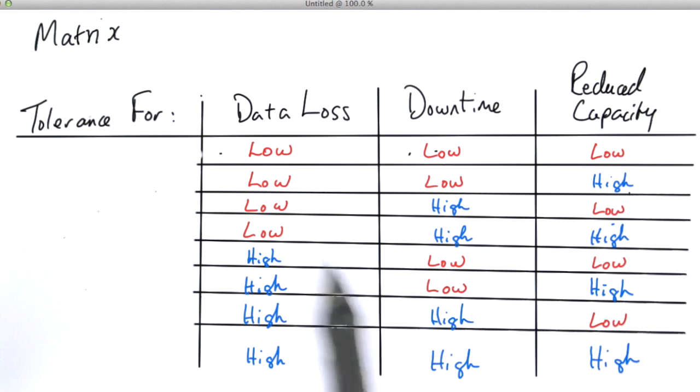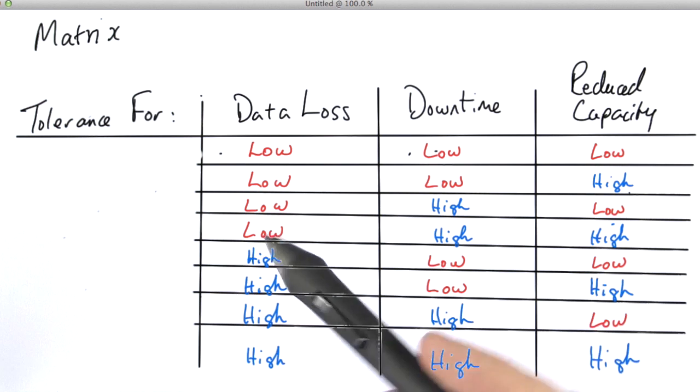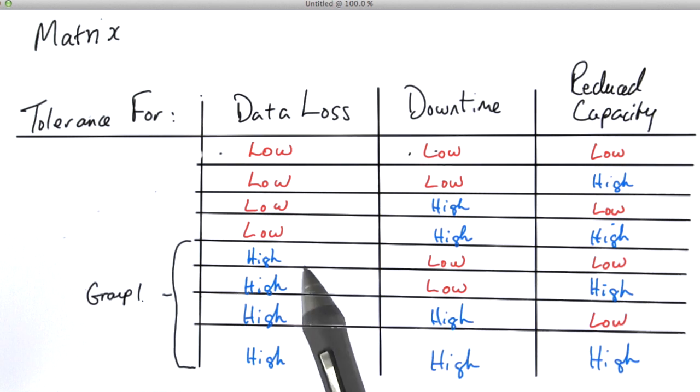So there are 8 combinations because we've got 2 values and 3 categories, so 2 to the power of 3 gives us 8. But we're actually going to combine a few of these when we're talking about them. The 5th row to the 8th row here, that's going to be our first group. We're going to cover that one first, a scenario where you've got a high tolerance for data loss. We're going to group those together because data loss is really the main driving factor there.